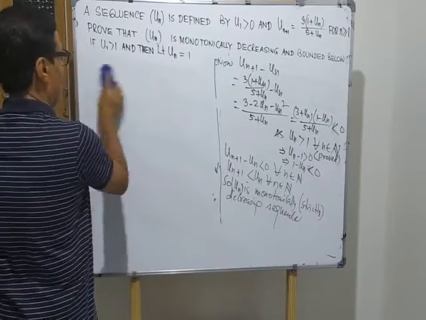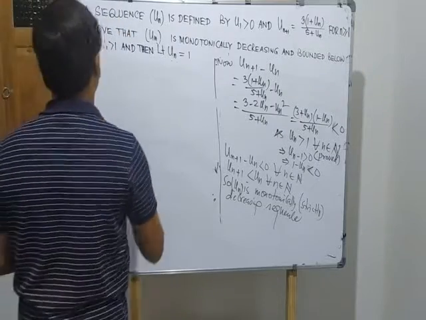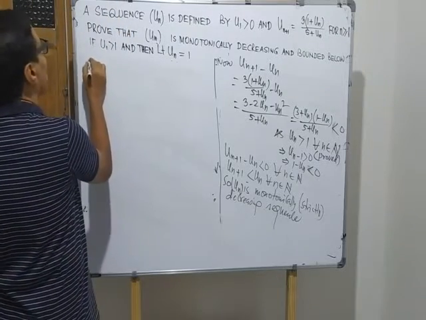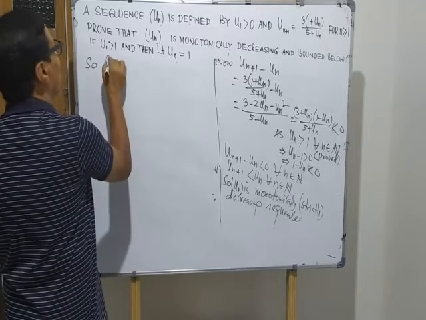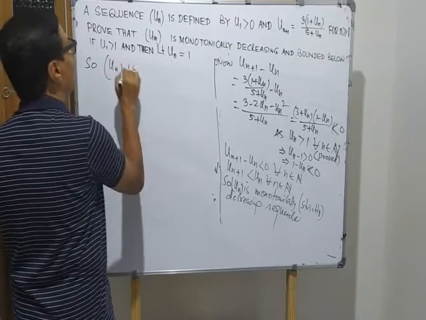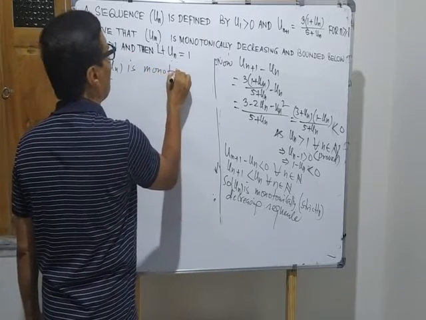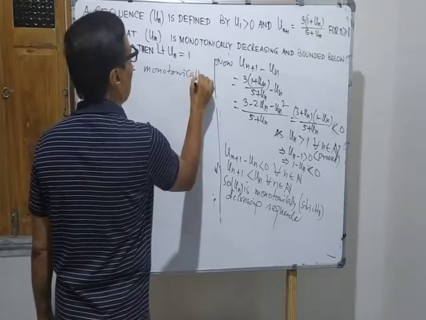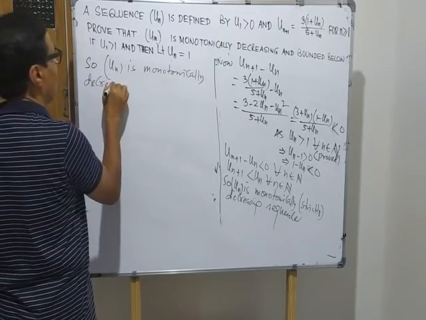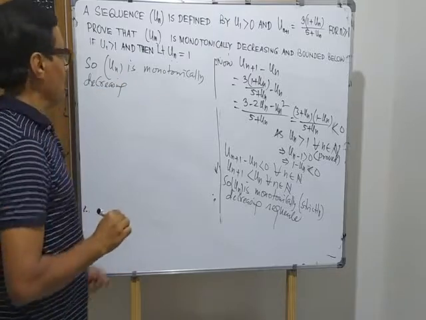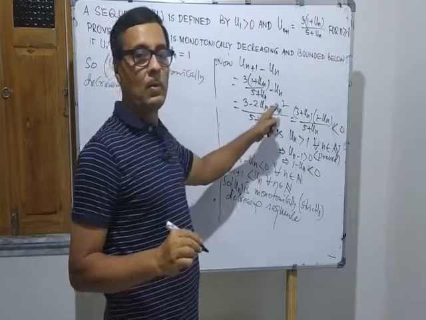So under the condition u1 greater than 1, the sequence un is a monotonically decreasing sequence, which we have already proved, and we have also proved un is bounded below.